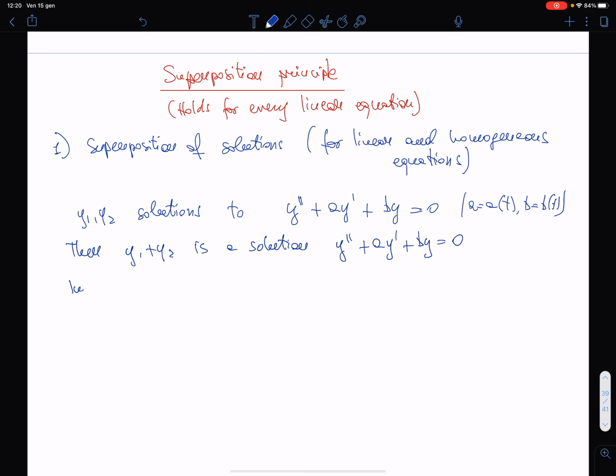Indeed, proof is very simple. You take the sum and plug it into the equation. This is what you obtain.